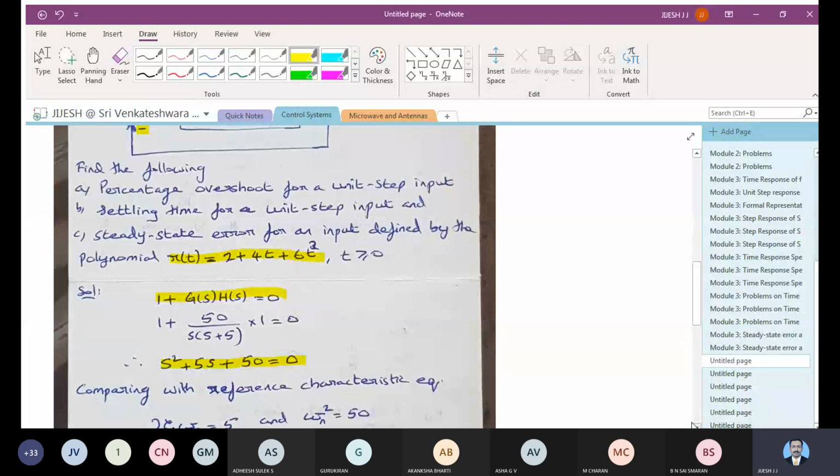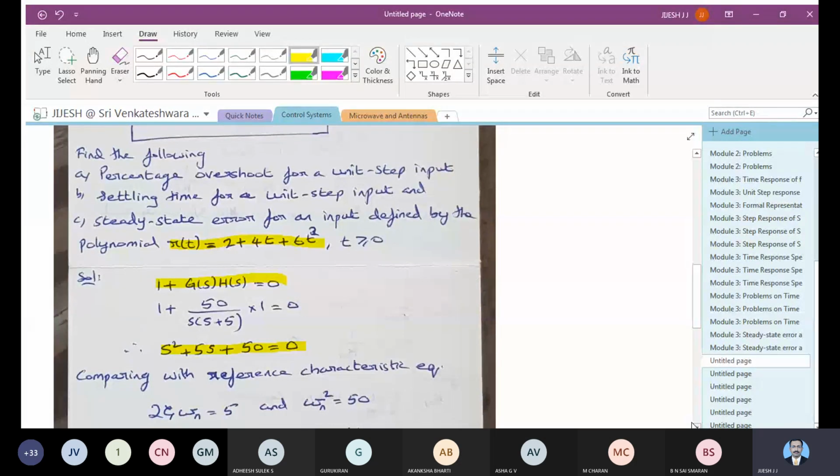By comparing with the characteristic equation, you can write 2 zeta omega n equal to 5 and omega n square equal to 50. So you get these two values.